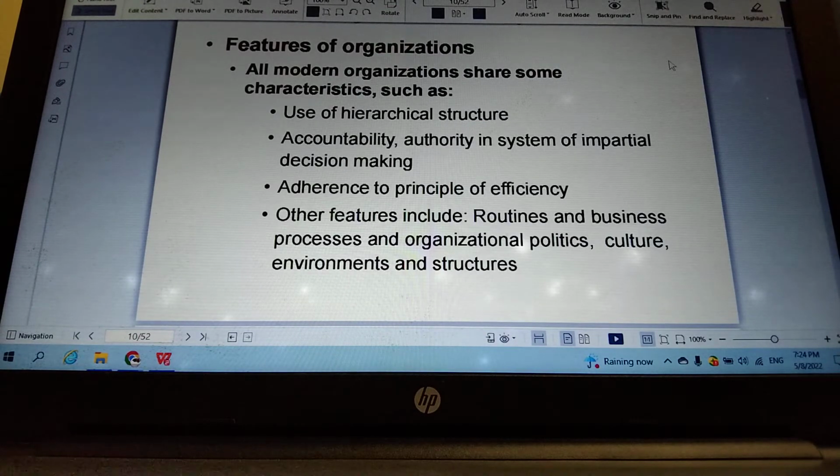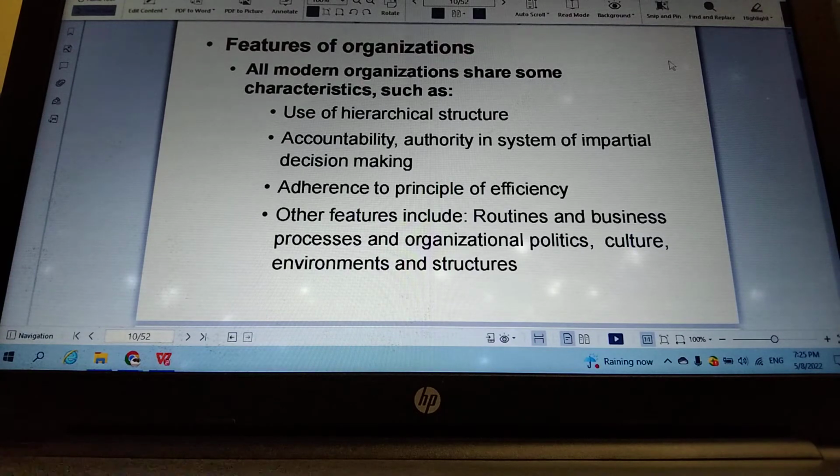Moving on, what I'm going to share with all of you is the features of organization. We're going to look at the modern organization that we have today. It is more practical to look at the modern organization we are dealing with today, rather than before the pandemic or even older organizations, which have transformed or migrated into adopting new features, such as the use of hierarchical structure, where accountability is an important key factor for the organization.